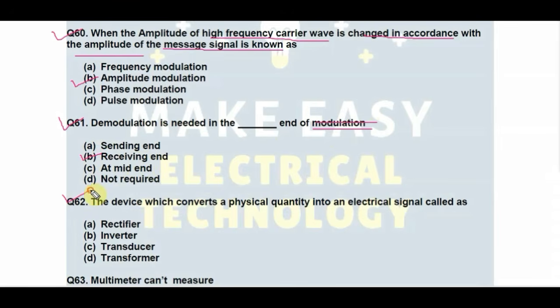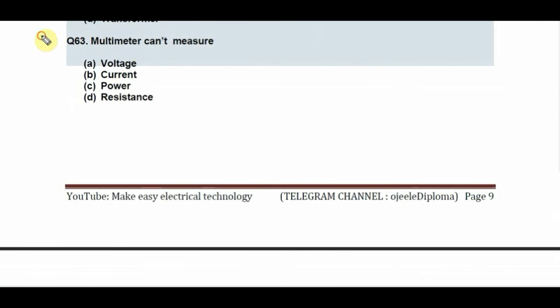In the next question, the device which converts a physical quantity into an electrical signal is called a transducer. Option C is the correct answer. In the next question, multimeter cannot measure. In a multimeter, we can measure the power. So option C is the correct answer.